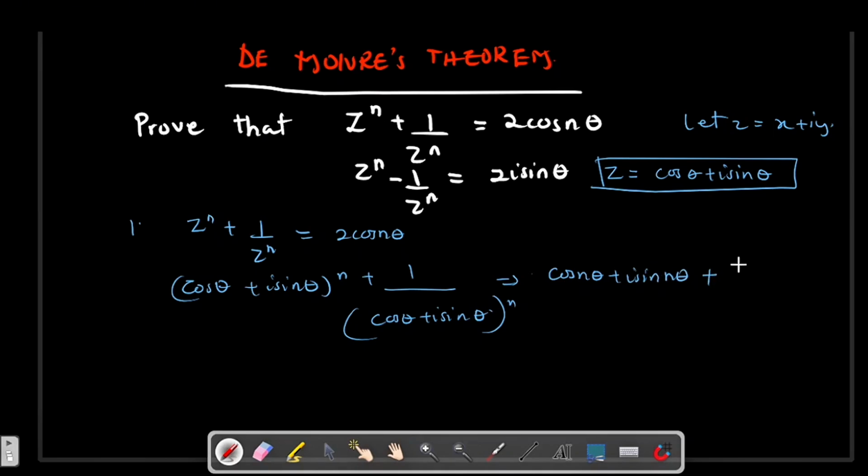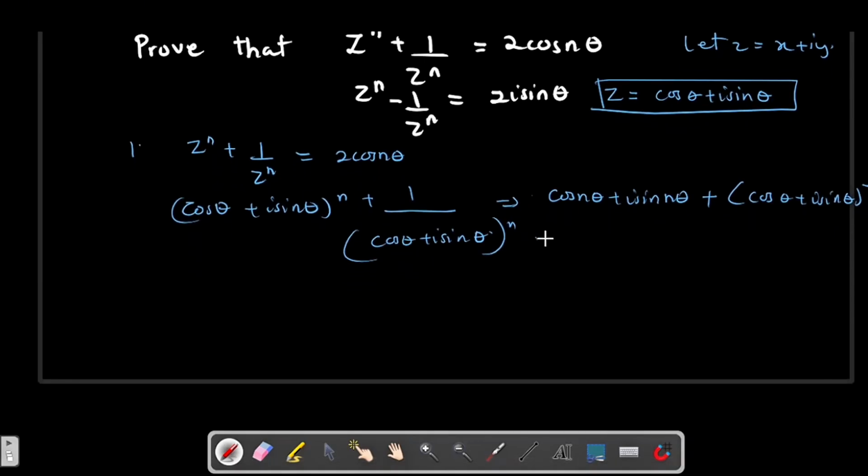Plus, now let's make this an inverse form: cos theta plus i sine theta all to the power negative n. So when I push this forward, I'm going to have cos n theta plus i sine n theta plus cos negative n theta plus i sine negative n theta, right?